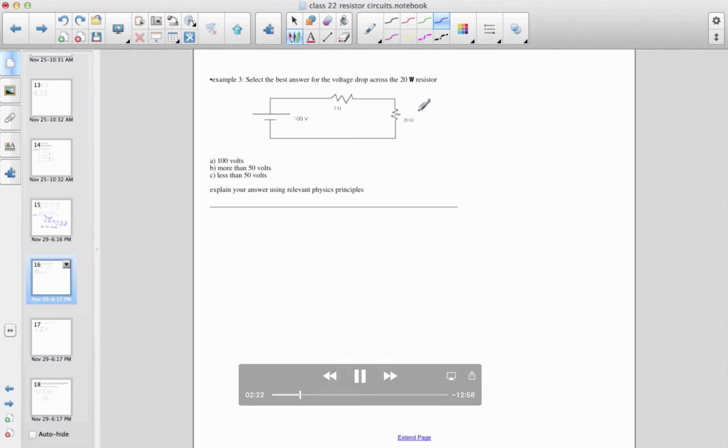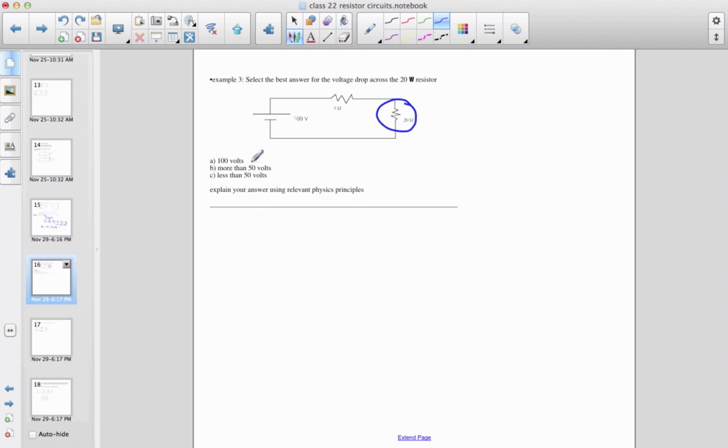Let's try a quick example then. We've got a 100-volt cell, a 5 ohm and a 20 ohm resistor. What can we say about the drop across the 20 ohm resistor? Because the 100 volts is lost across both the 5 and the 20, it's important to realize that the drop across the 20 is not all of the 100.